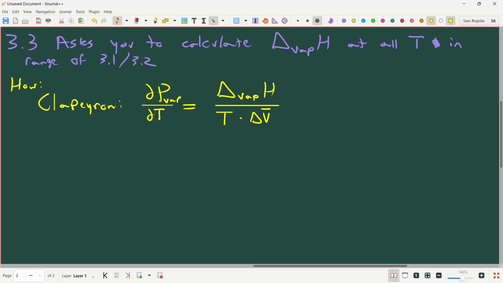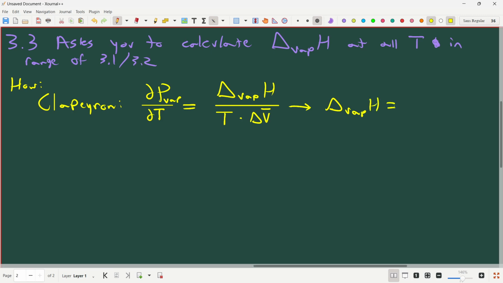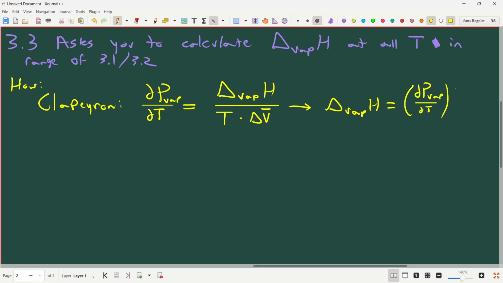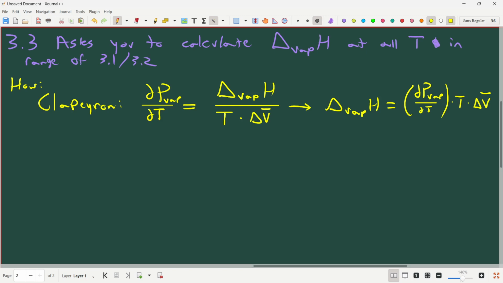That means you can always calculate the enthalpy of vaporization if you know the derivative of the vapor pressure with respect to temperature at a given temperature, times T, the temperature that you're measuring it at, times the change in the volumes.